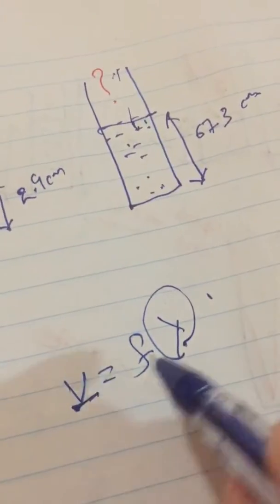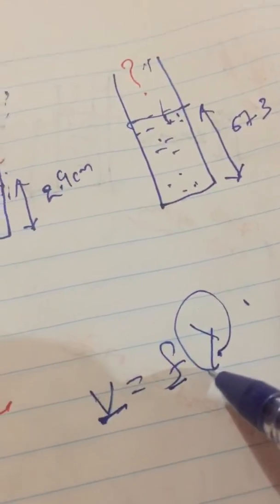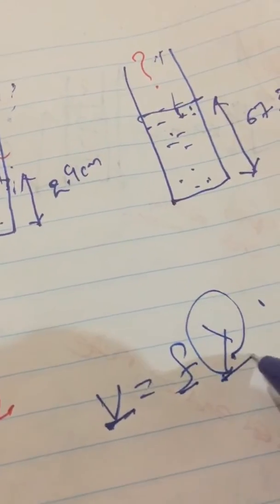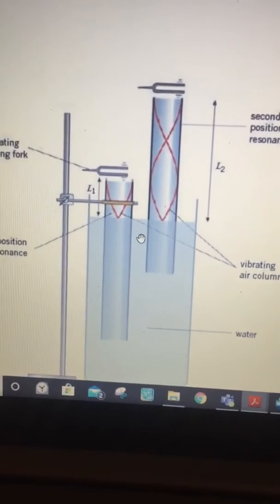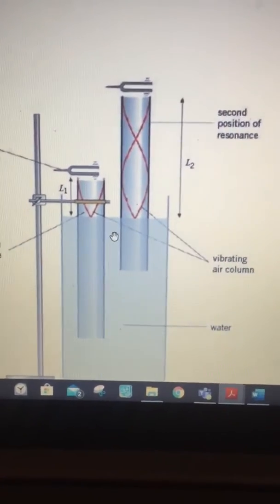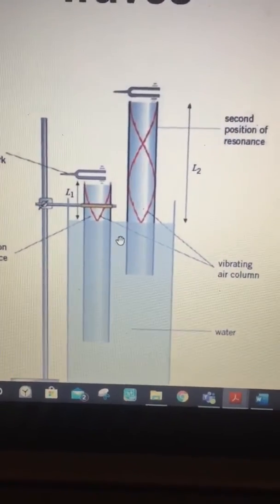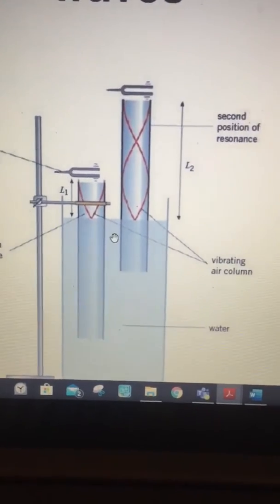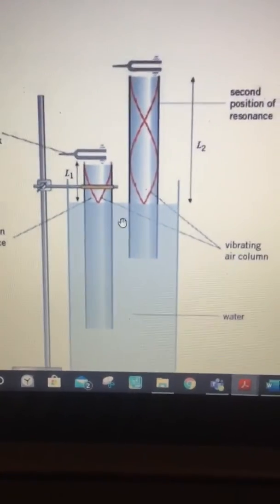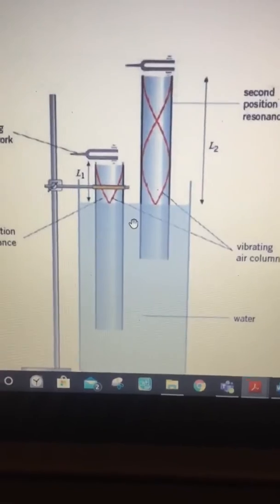So the speed is kept constant, the frequency is kept constant, which means that the wavelength remains constant, so that a possible way for many harmonics to be formed is by changing the length.